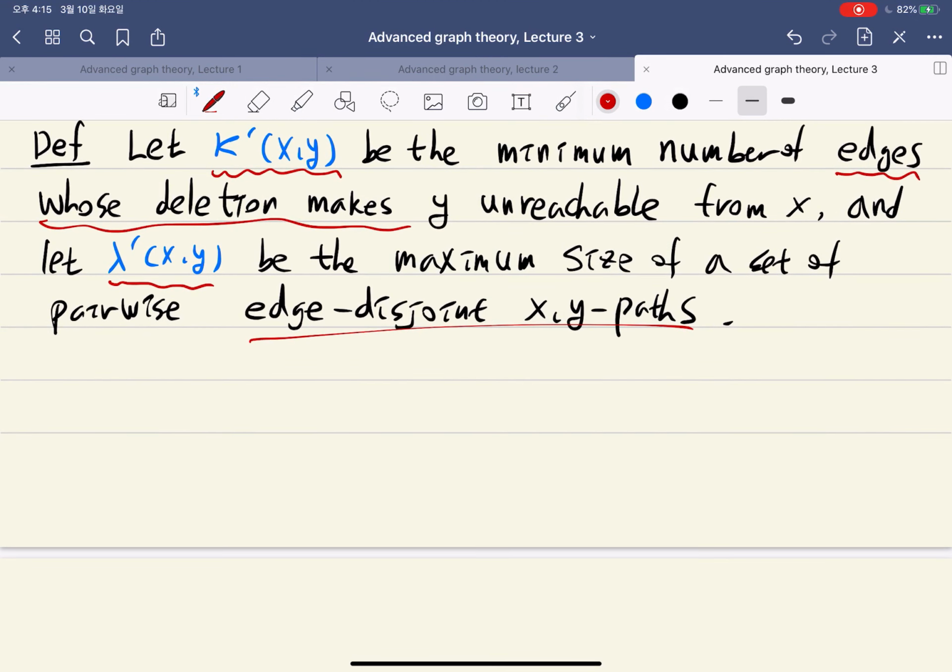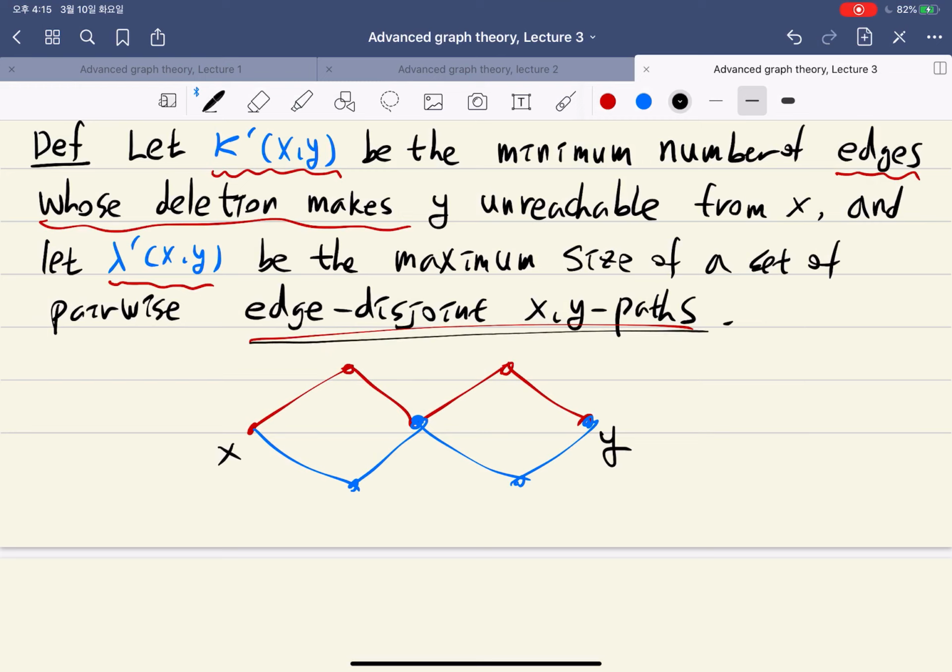So for example, if we have these two paths, and let's say this is x and this is y, then these two paths are not independent because they share this internal vertex. However, they are edge disjoint because they don't share any edges.